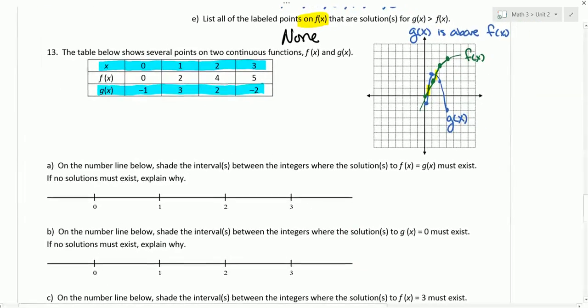So A says on the number line below, shade the interval or intervals between the integers where the solutions to f of x equals g of x must exist. If no solutions must exist, explain why. So remember, when you're setting functions equal to each other, that's asking where are they crossing each other.